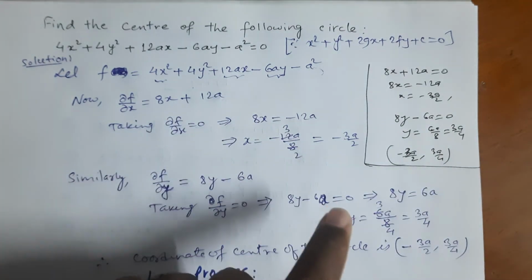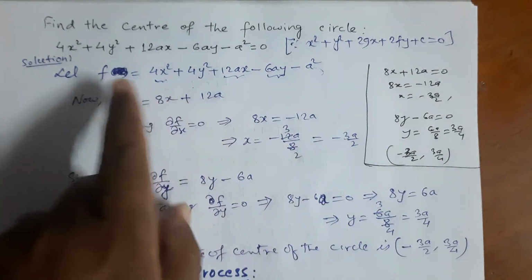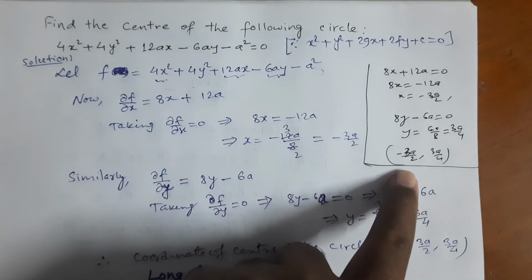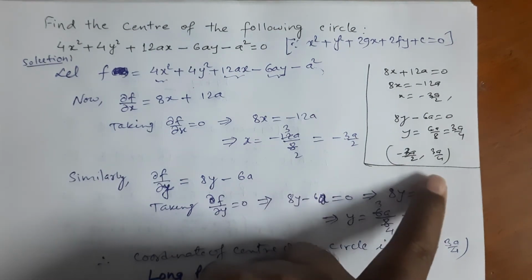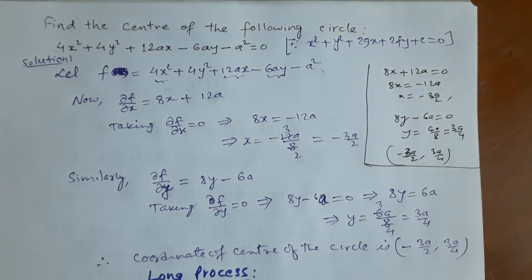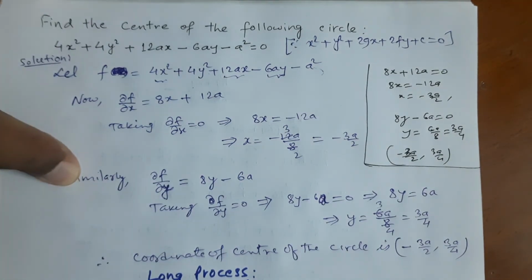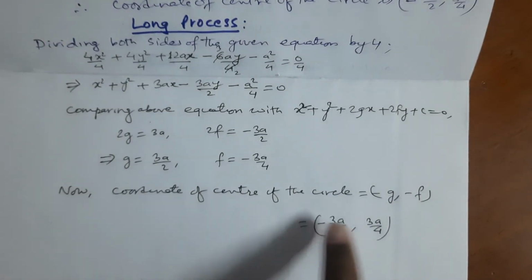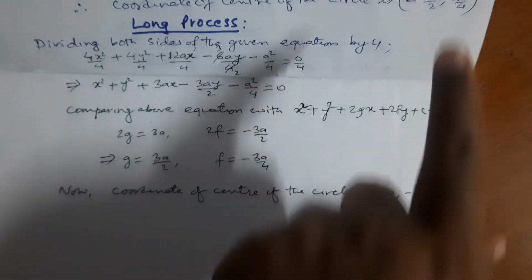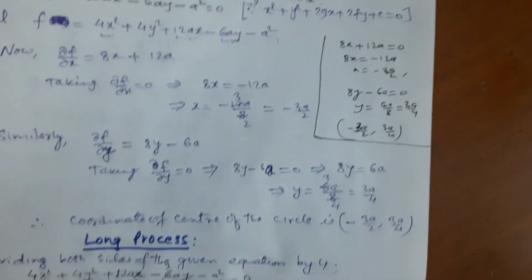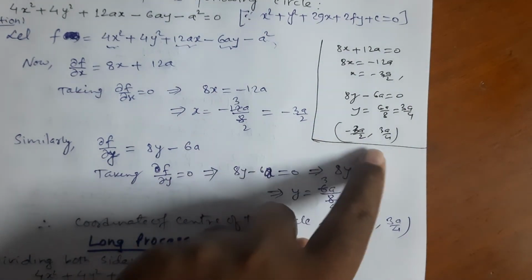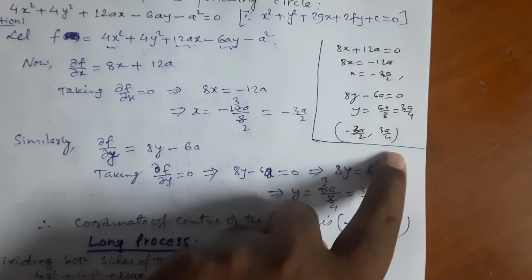So no need to show the detailed process of dividing both sides by 4 like this, and we don't need to compare with this. So directly in this way we can find the center of the circle. And here, after finding g and f also, we need to find the center of the circle using the formula minus g, minus f. But in this shortcut process, directly without remembering that minus g, minus f, it gives you the center of the circle.